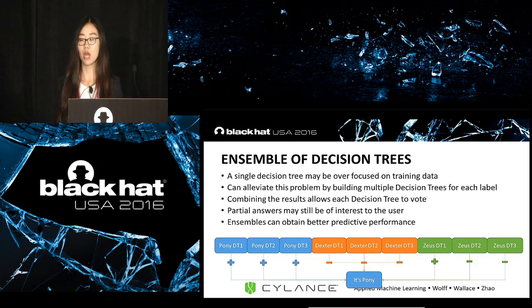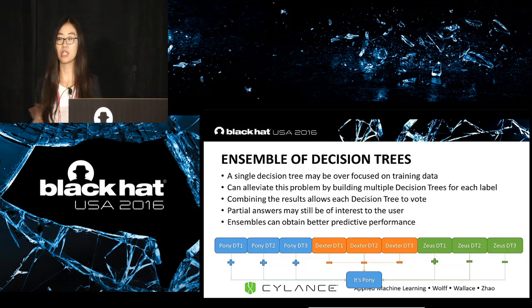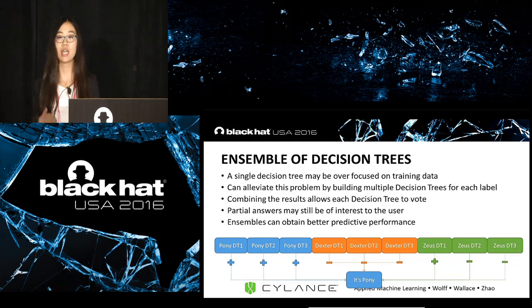To resolve that problem, we can train multiple decision trees. Each decision tree will simply decide whether it is that label or not, so only two classes: that label or not that label. We can train multiple trees, and each binary tree doesn't have to use all the samples. It can use a random selection of samples, and it doesn't have to use all the features either.